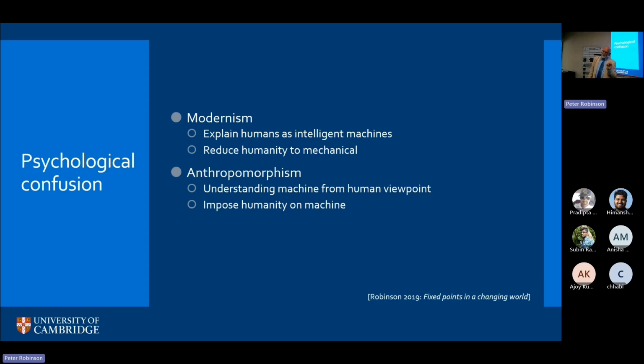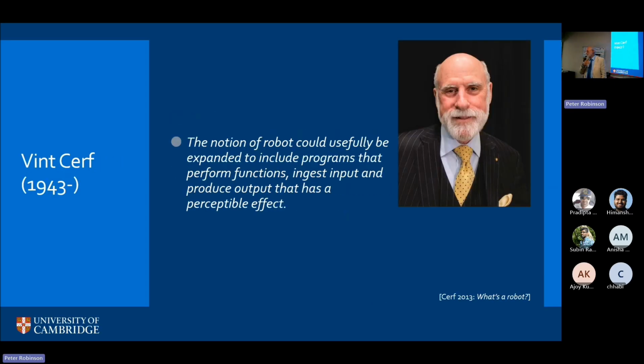And actually, a much more intelligent view of what constitutes a robot was given by Vint Cerf, one of the creators of the internet, who said that anything that takes input and produces an output that has an effect on the real world should be considered as a robot. It's a much broader definition.